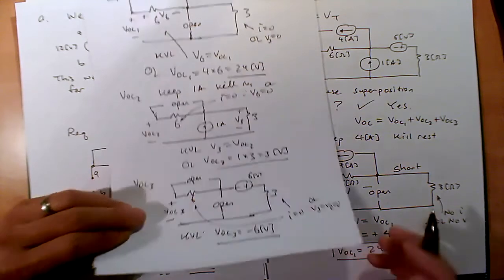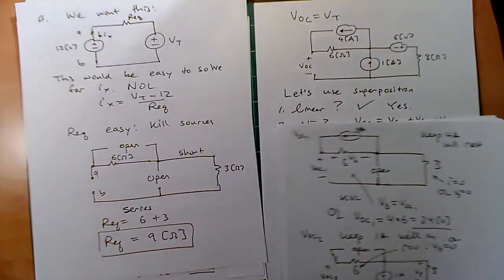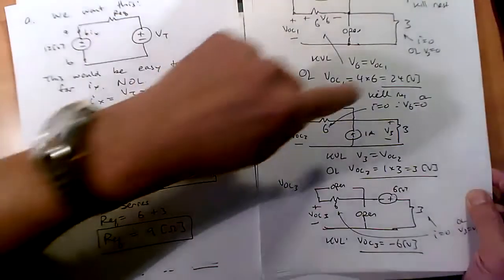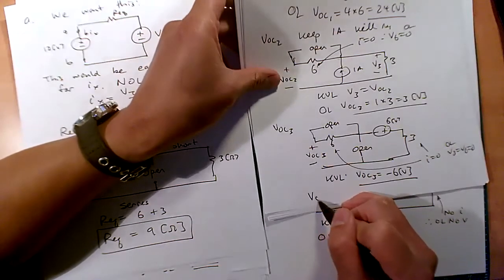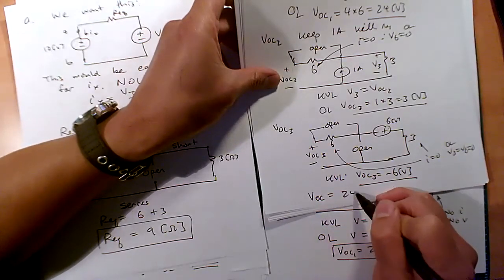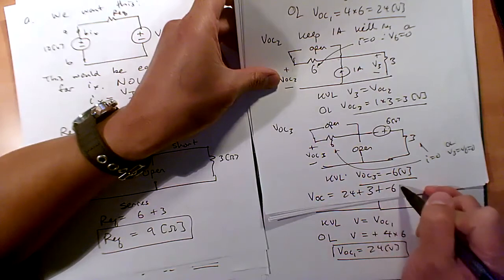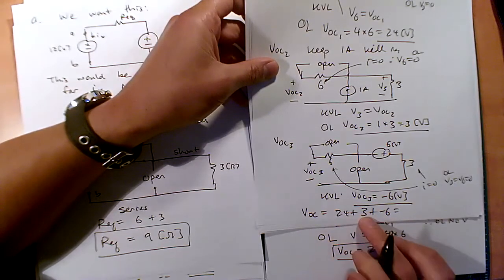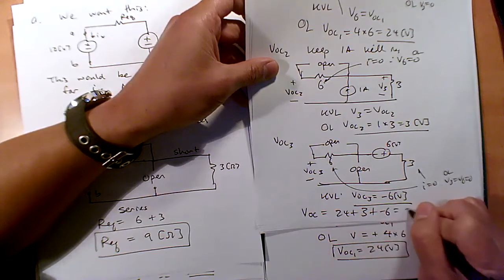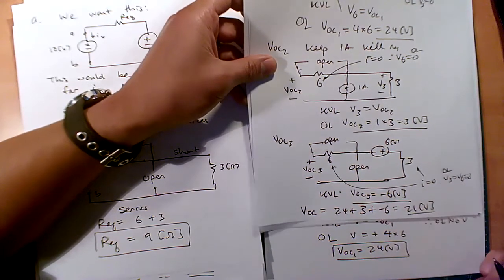Good. So the final voltage here is just the addition of 24 and 3 and -6. So VOC is equal to 24 plus 3 plus -6, which is 27 minus 6, which is 21 volts.